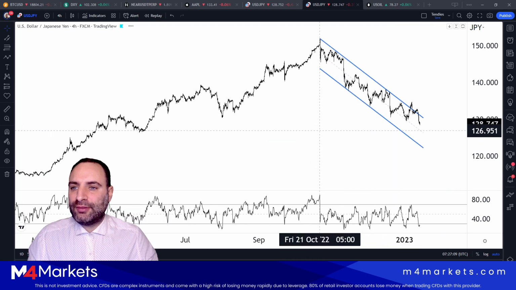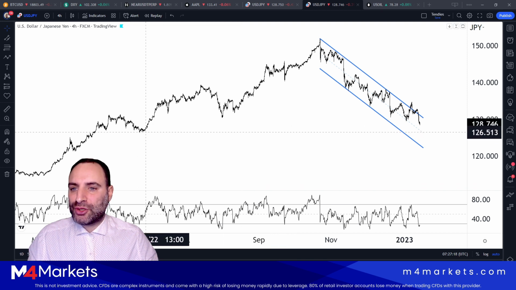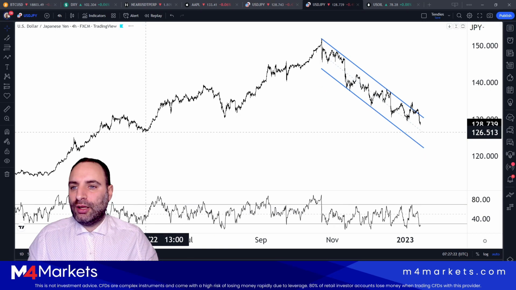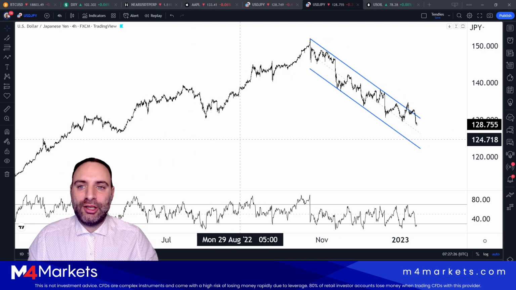We have broken below 130 as well, a very important psychological level, which means the next major support is at 126.50. This is still a few pips away from where we currently are, 200 pips at least.